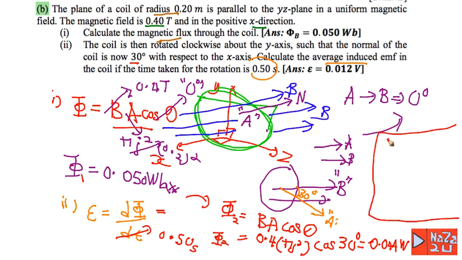So the induced EMF is equal to the change of flux divided by time, d flux over dt. The change of flux is the final flux, 0.044, minus the initial, 0.05, divided by dt, where the time is 0.05 second.